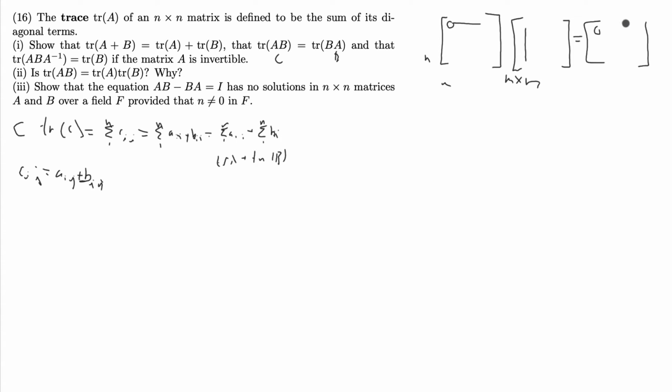So if we consider the ith element along the diagonal, which is what we care about for the trace, we'll see that C_ii, where C is going to be AB, is equal to the sum, and since this first matrix has m columns and the second one has m rows, this sum, let's call this index j, from 1 to m of, and then we're taking the ith row, so A_ij times B, and then we need to match them, so it should be B_ji.